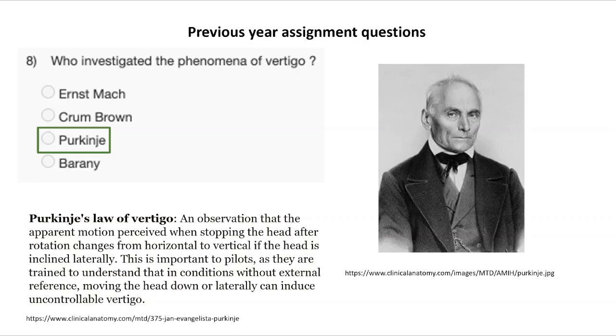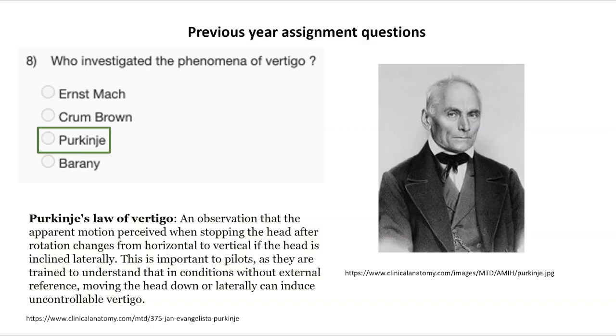So, based on how the head is inclined, if the head is inclined like this, or inclined straight, versus other positions, the way the apparent motion is perceived is different. The way the head is oriented determines the motion that you perceive after the rotation is stopped.